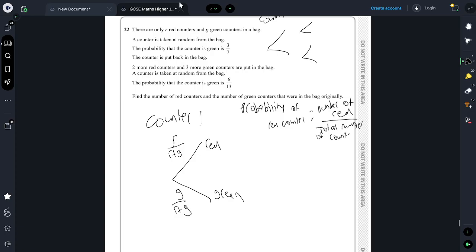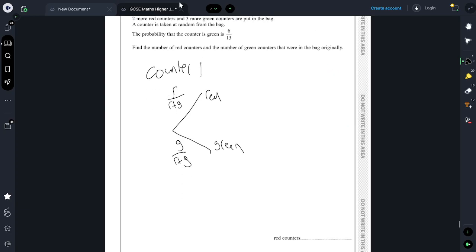There are R red counters, so that's R. The total is R plus G, because that's how many there are in total. So that's where this comes from. As long as you understand what a probability means, this shouldn't be too bad. So let's fill this diagram up.